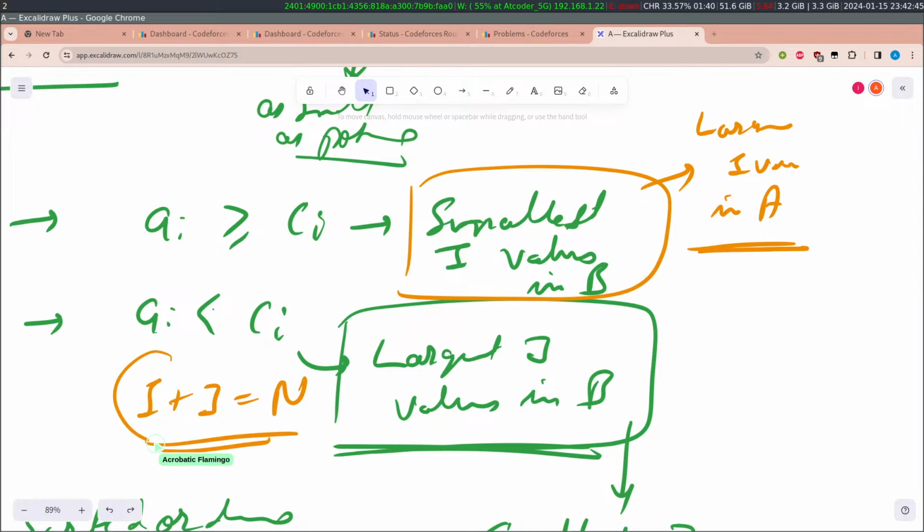So now we can iterate over possible values of I and find the range of sums over here. And like this should solve the problem.